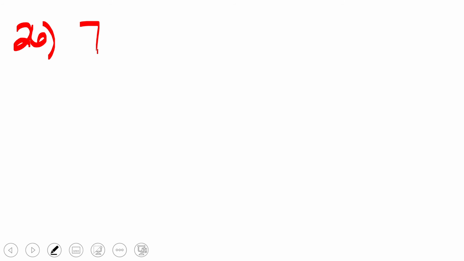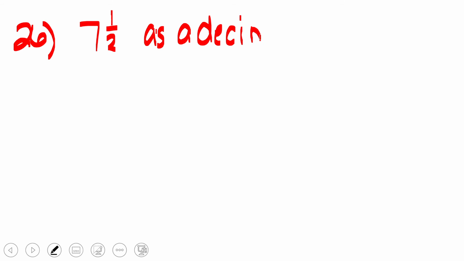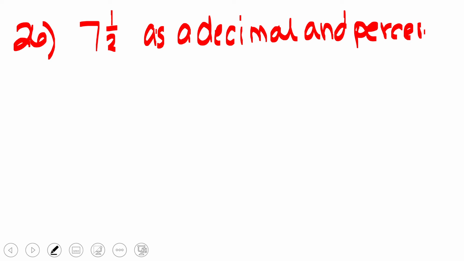Number 26. We are asked to express 7 1/2 as a decimal and percent. As a decimal, just make your 1/2 the decimal equivalent.